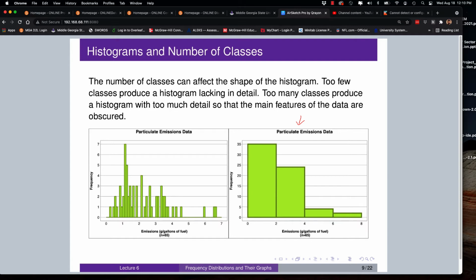The other thing is, if you pick too many classes, you get so much detail that your data is obscured. You lose things. So this one here on the left has, I'm not kidding, 70 bins in it. It's been divided up. I believe the class width I made for this one is 0.1, because the limit's between 0 to 7.